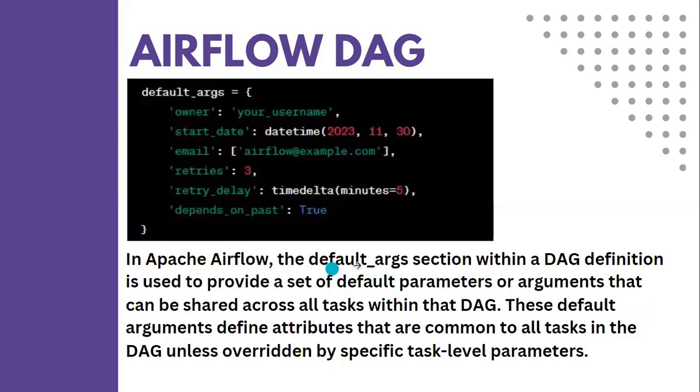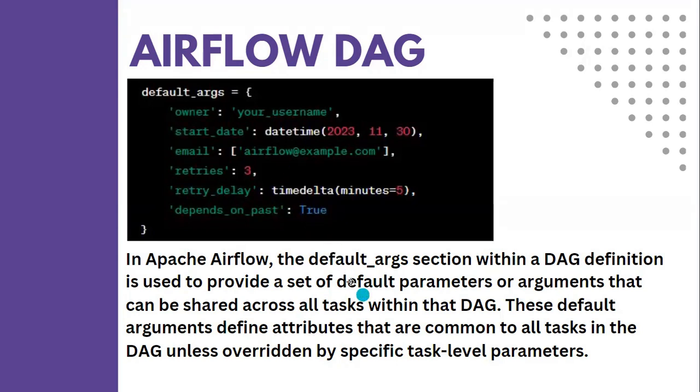So in Apache Airflow, the default arguments section within the DAG is used to provide a set of default parameters. These default parameters are arguments that can be shared across all the tasks, because a DAG is nothing but a collection of tasks. So the DAG object includes the different tasks, and all the tasks have different parameters. But for a few things, they will have common parameters for this DAG.